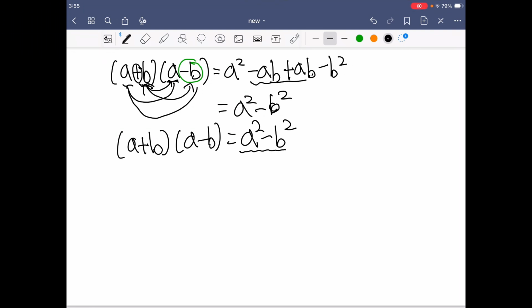If you see the difference of two squares, it's pretty interesting, because we can factorize these kinds of expressions like so, A plus B and A minus B. You have to remember how to change from here to here, because if you come across brackets, it is really easy to expand.